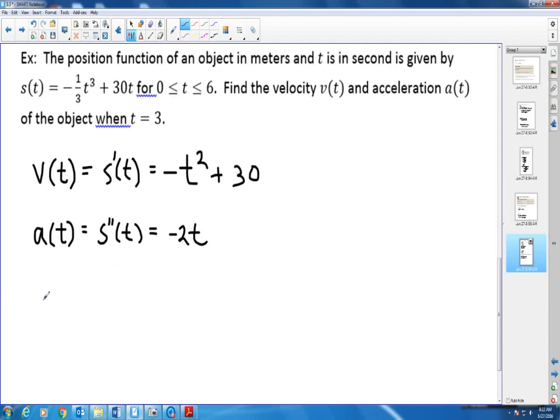So what's my instantaneous velocity at 3 seconds? We plug it in: negative 3 squared plus 30.